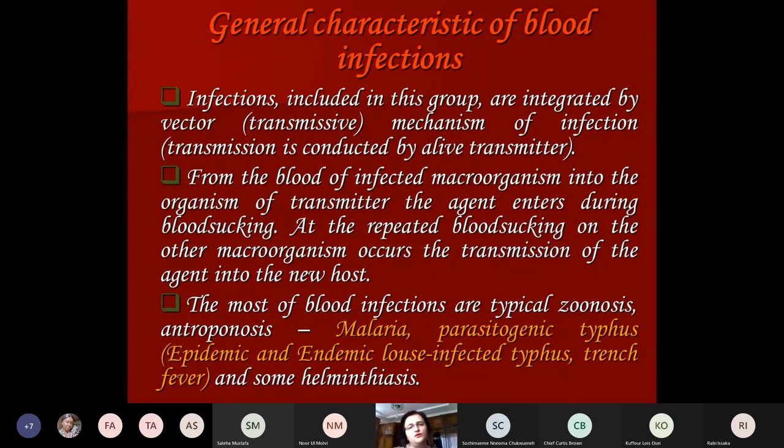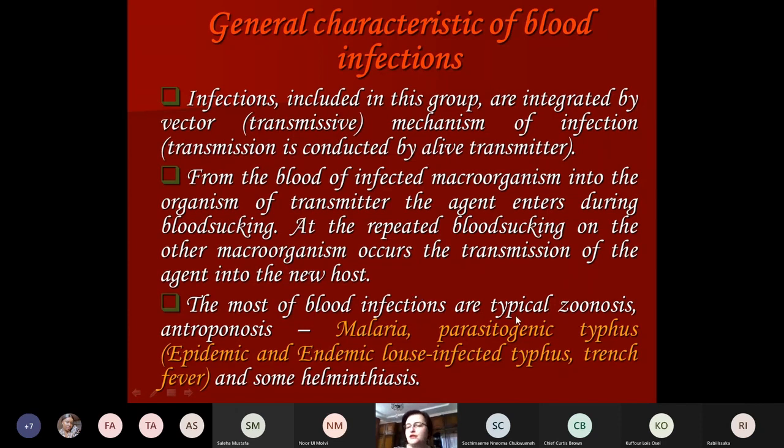From the blood of the infected organism, the agent enters the organism of the transmitter during blood sucking. At repeated blood sucking on another organism, the transmission of the agent into the new host occurs.